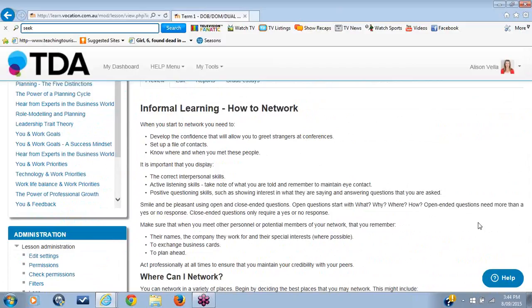One thing to be mindful of with networking is confidentiality. That's one thing that I find some people can be a little bit unsure of. Obviously, you don't want to walk into a networking event and start telling them what your sales figures have been, or what your newest accomplishments have been, and giving away too much information.